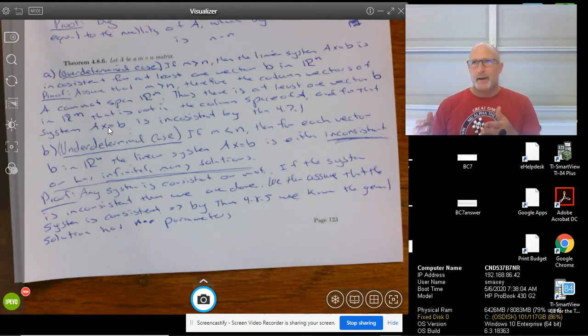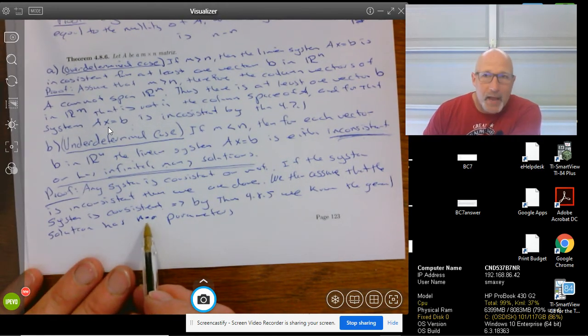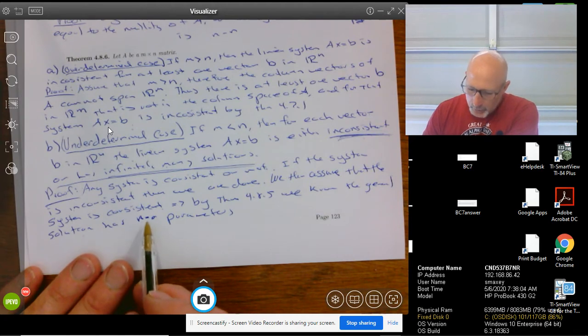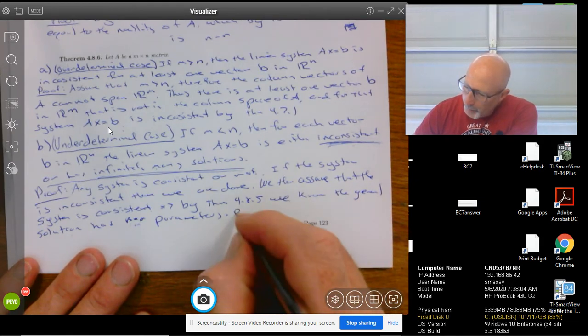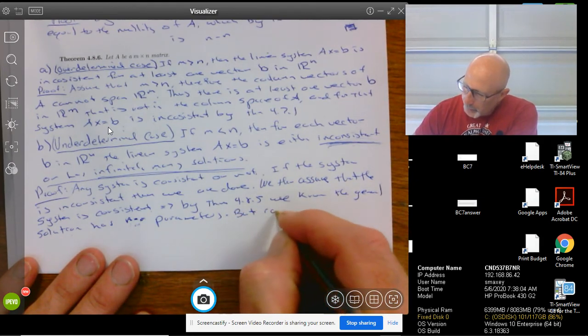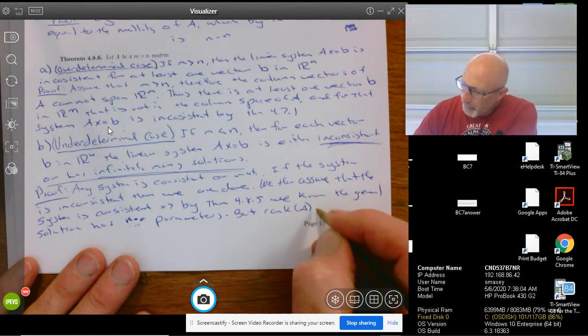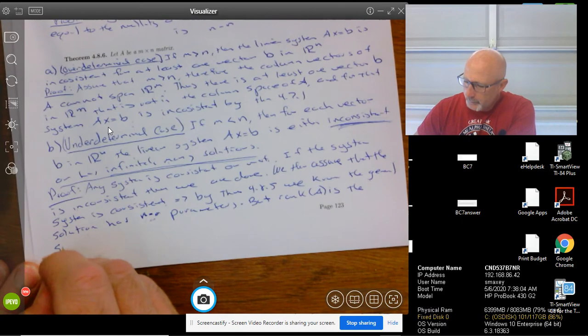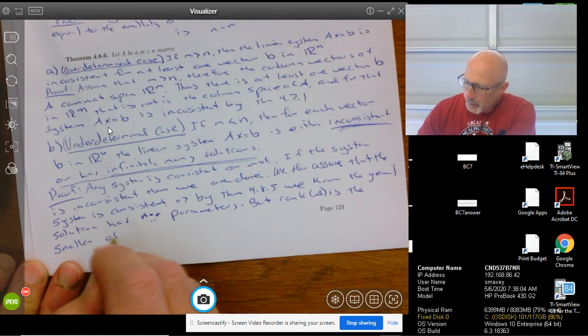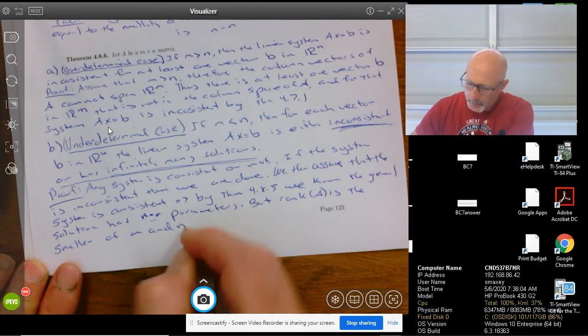So to show that it has parameters, which I know I just said it does, I just need to show that this doesn't equal 0, or for that matter, it's a positive value. So I just need to show that that's positive. Okay? But the rank of A is the smaller of m and n.